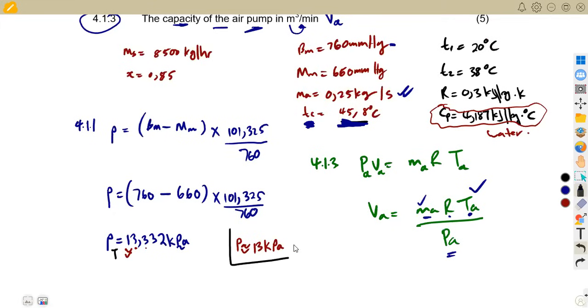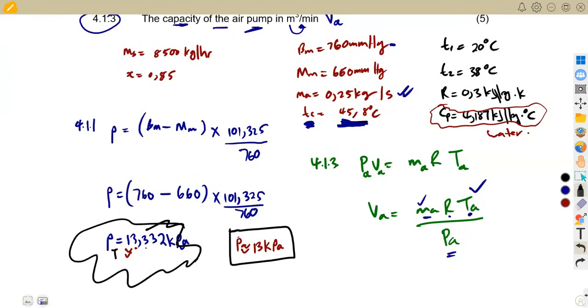So like I said, this 13 kilopascal was for those steam table calculations, where we're to use this P as 13 kilopascal. But for a normal calculation like this one, we do not have any steam calculation involved. You can use the actual value that we obtained before we approximated to the nearest number.